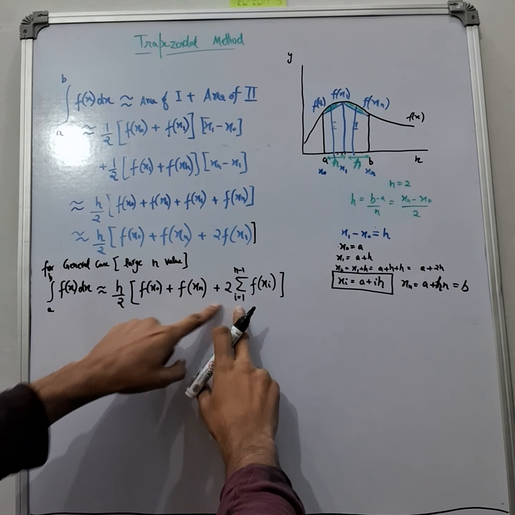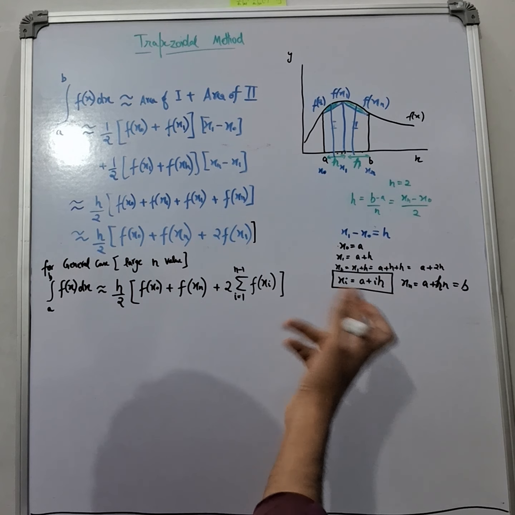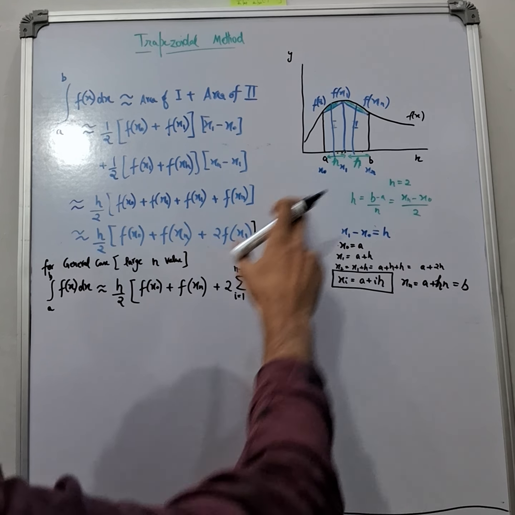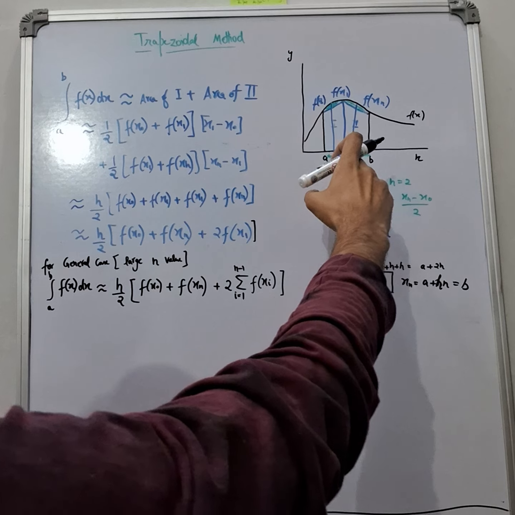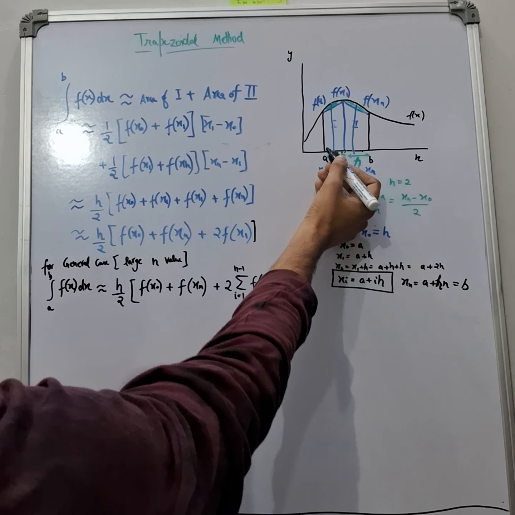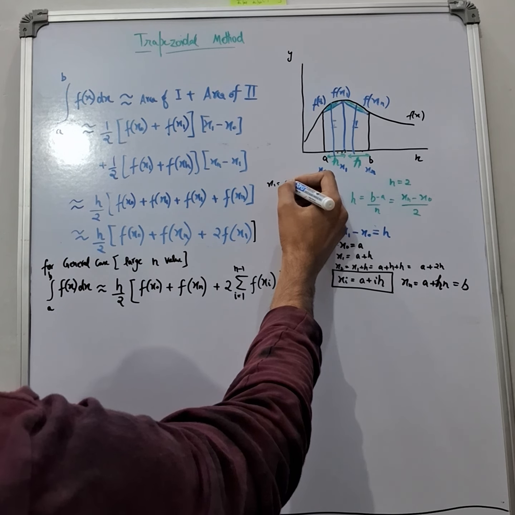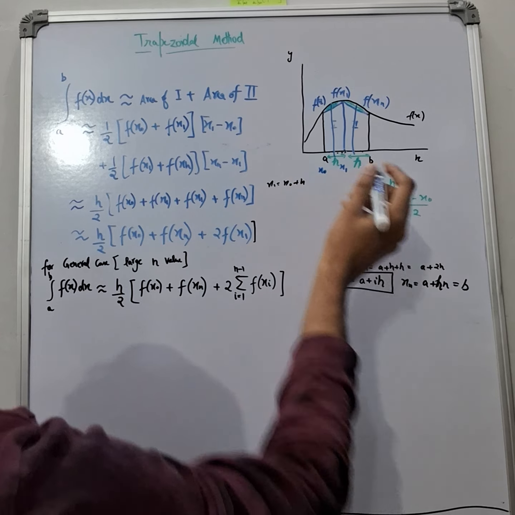i equal to 1 means f(x1). x0 we have already taken as the first point, f(x1) will be the second point just next to it, x1 will be x0 plus h.